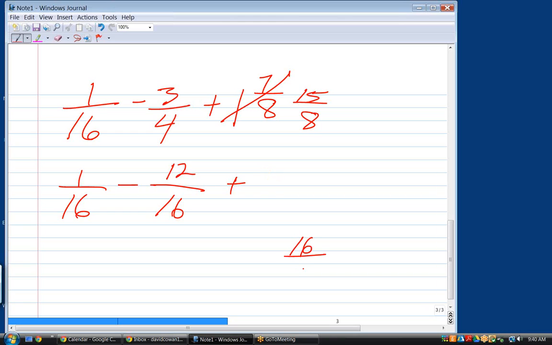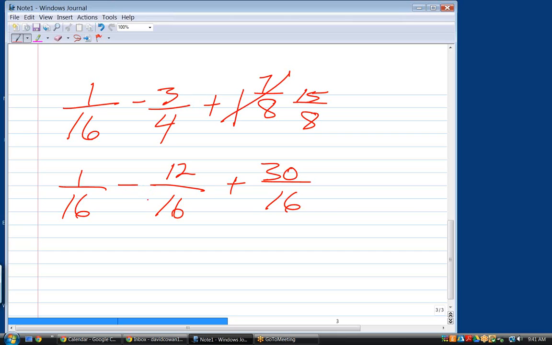I'm dividing 16 by 8 to get 2, and then I'm multiplying it by the numerator, 15. Okay, so 30 sixteenths. What's that? 41. Okay, remember we're subtracting here.